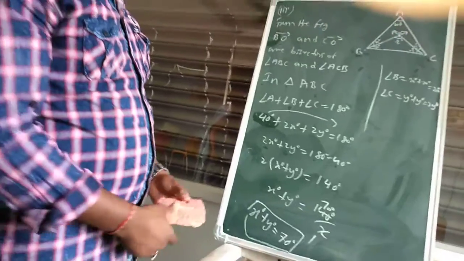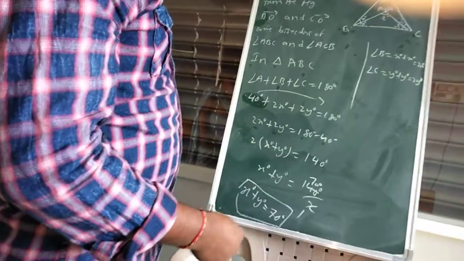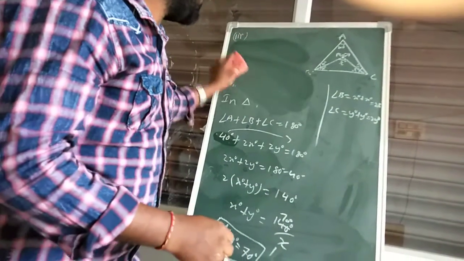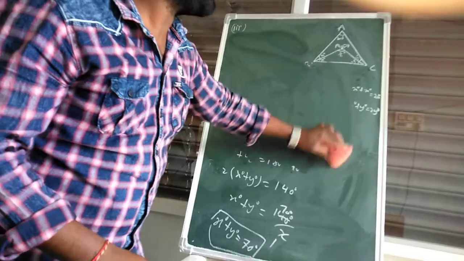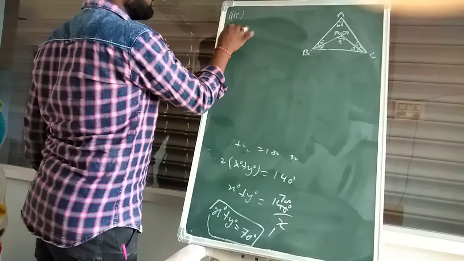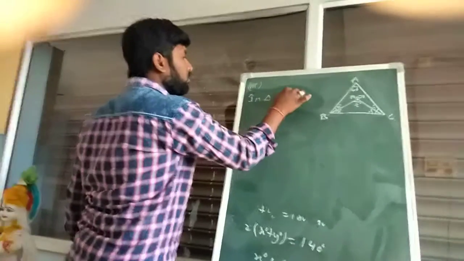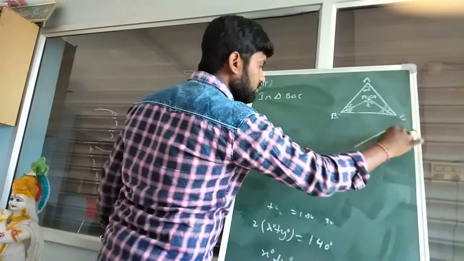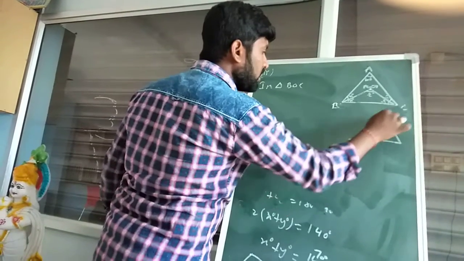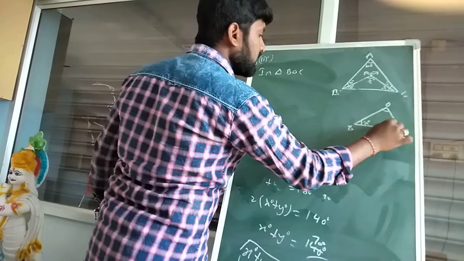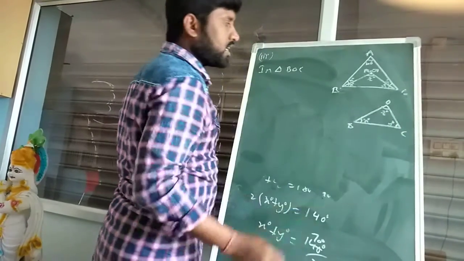Okay. Now see everyone, in triangle BOC, you just consider the interior angles, that is x degrees, y degrees, z degrees.